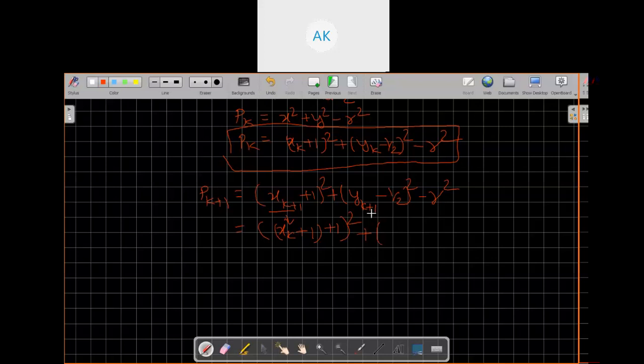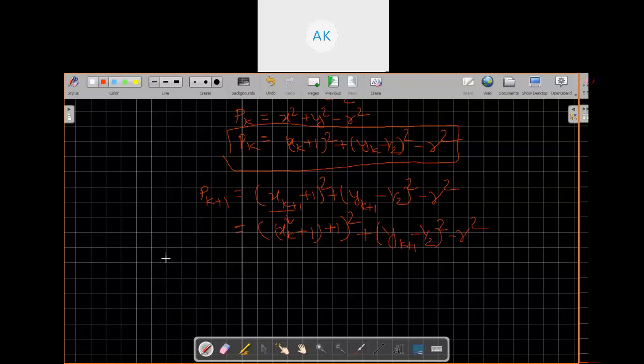We cannot write yk plus 1 equals yk plus or yk minus 1, because we are just calculating this value. Okay, yk plus 1 minus 1 by 2 whole square minus r square. Okay, this is your pk plus 1.